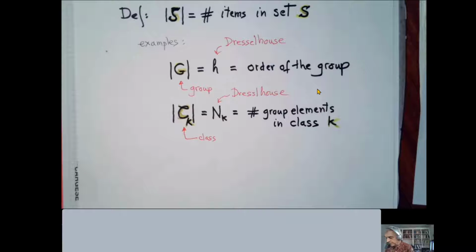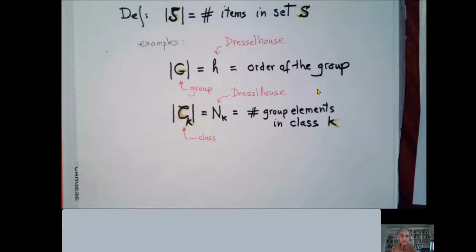For example, when I write capital G, meaning I have a group like D3 or D4, a dihedral group or some other group, and I put it into vertical brackets, the number I mean is what Dresselhaus textbooks call h, the number of elements in a group, or the order of the group.